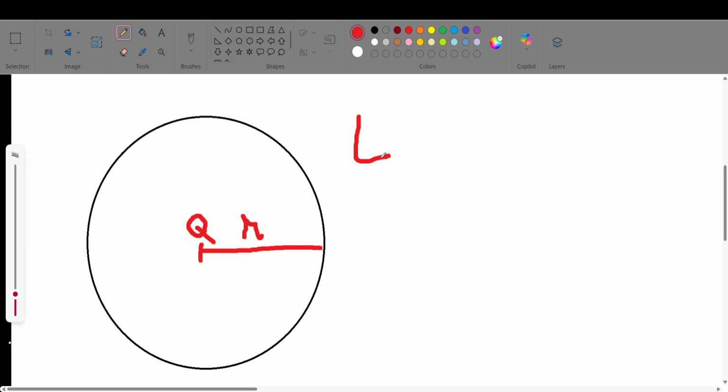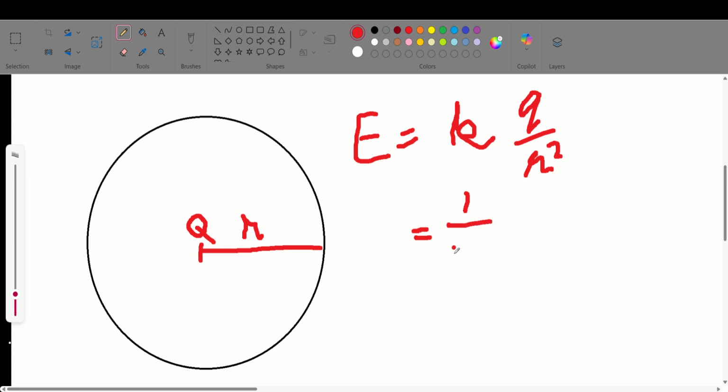So now the electric field is defined as k q by r squared, where k is Coulomb's constant. And now this k could be written as 1 by 4 pi epsilon naught, and that could be multiplied by q by r squared.